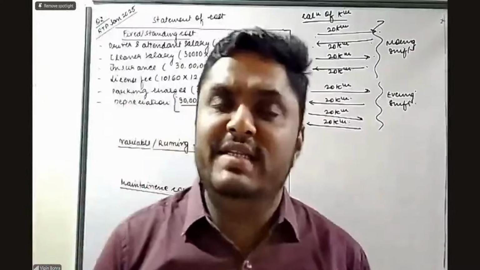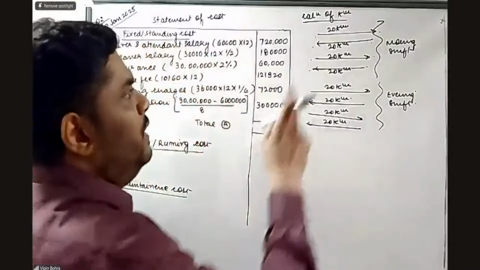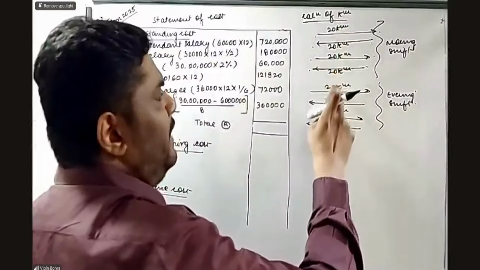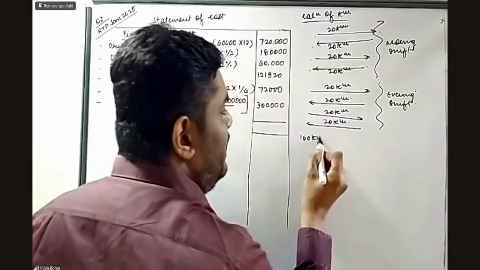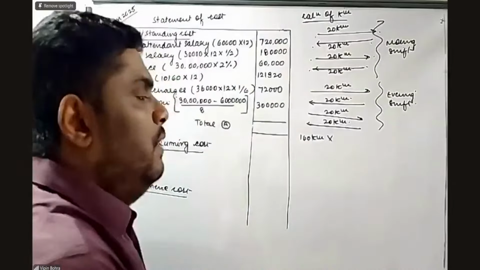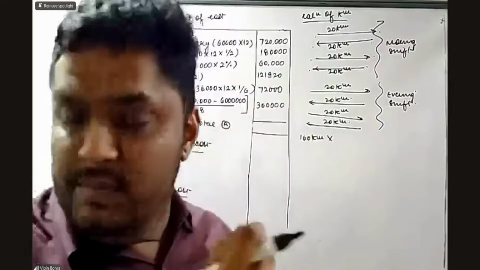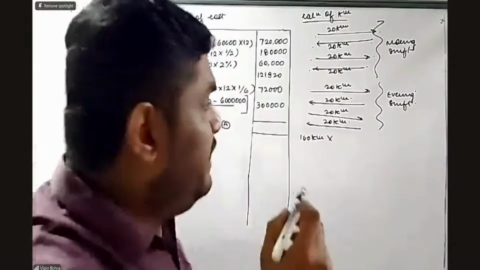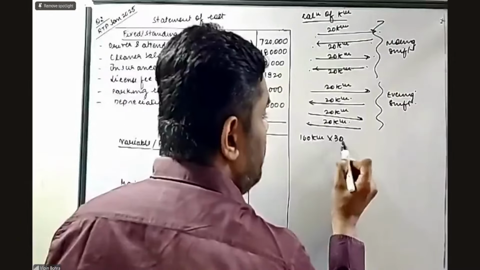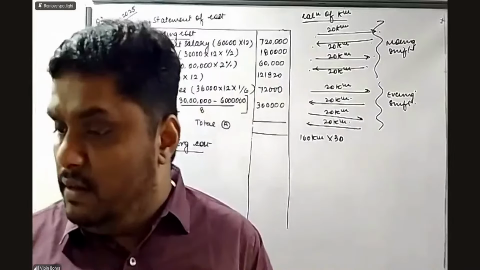So total distance traveled by a bus in a day is how many kilometers? 1, 2, 3, 4, 5, 6, 7, 8. So 160 kilometers in a day. A bus is traveling for 160 kilometers in a day, and the bus is working for 30 days in a month, into how many months in a year?